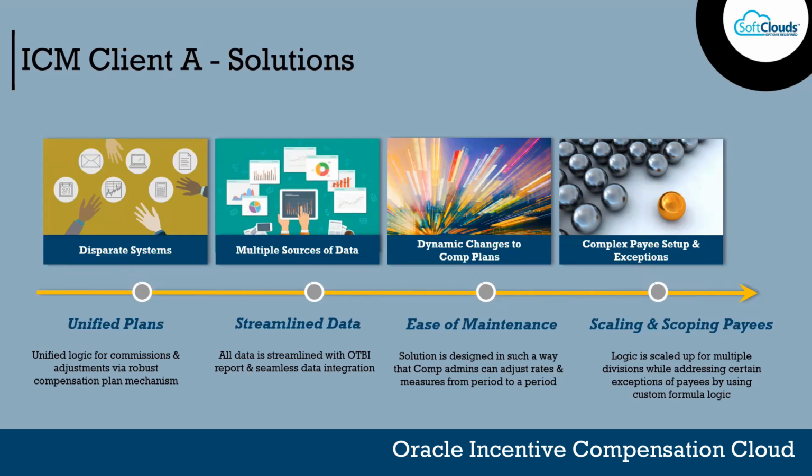And one of the more important things in any of these implementations is it has to be very easy to maintain. So what we try to do during the course of any implementation is we bring the customer up in their knowledge and their understanding of how to maintain and manage the application, so that once we're done with the implementation, the company is able to maintain it themselves.